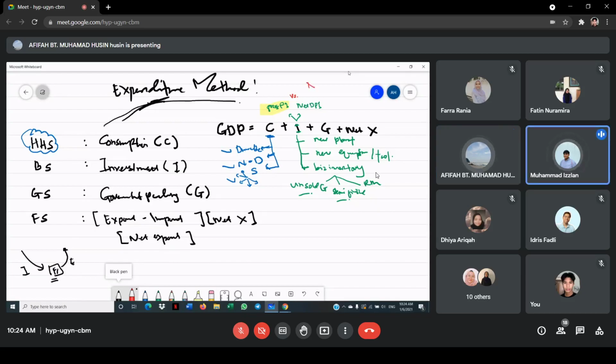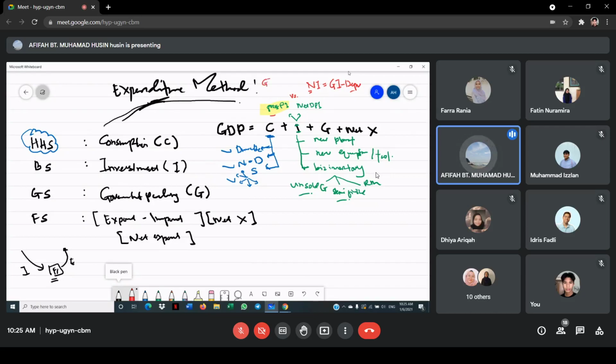Net ditolak depreciation. Net investment equal to the gross investment minus depreciation. Net is without depreciation. Page 150. Net, nama dah net, tak ada depreciation. But, sorry, when we talk about gross, it is with depreciation.